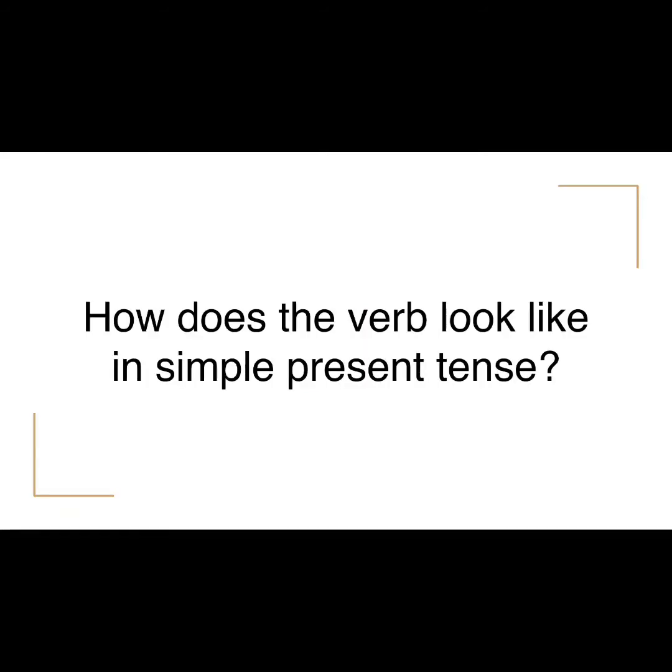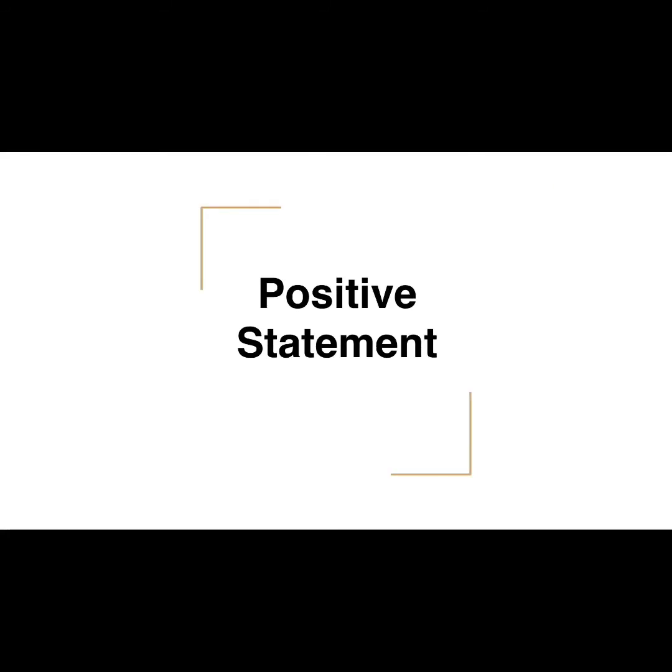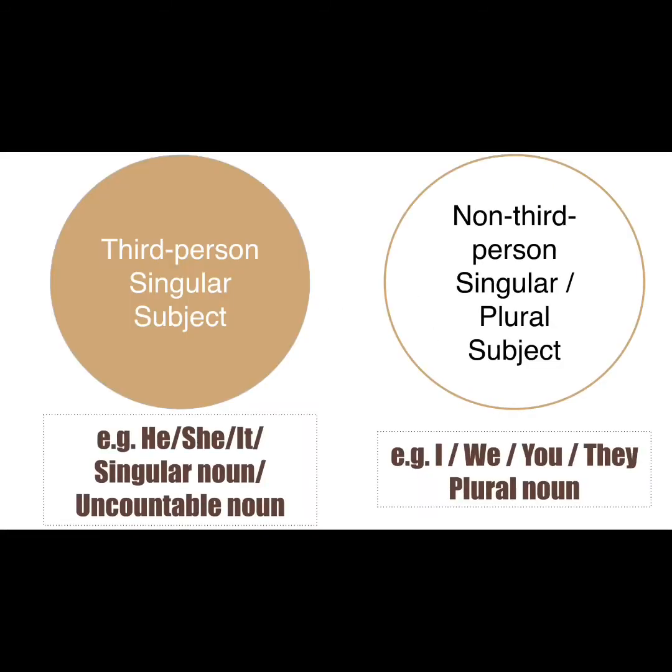Now, let's take a look at how the verb looks like in simple present tense. In positive statement, the changing of the verb in simple present tense is affected by the subject. There are two types of subjects that will affect the changing of the verb in simple present tense.